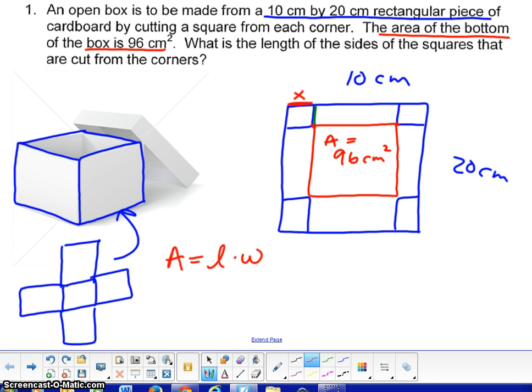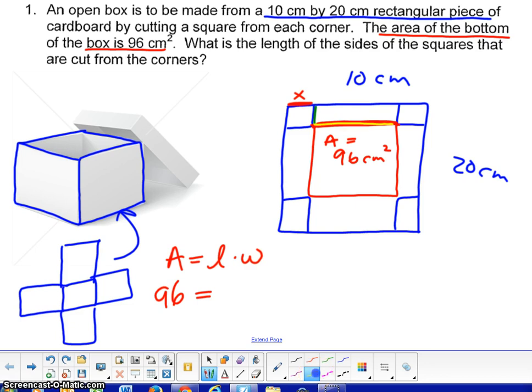Okay, so we already know that this red box right here is 96, so I'm going to replace A with 96. And then the length, if you look at the length of the side, it is going to be right here. I'm going to highlight that a little bit more.